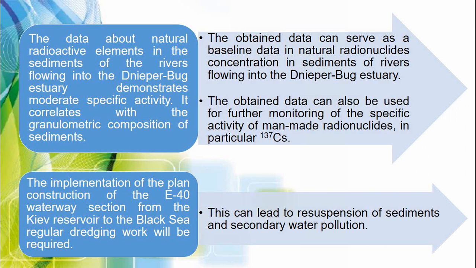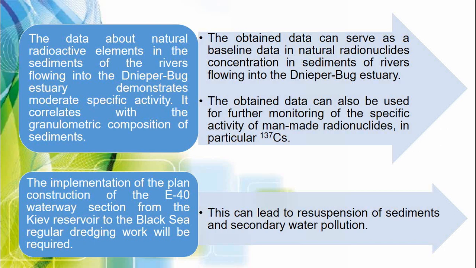The data obtained can serve as baseline data on natural radionuclide concentrations in sediments of these rivers. They can also be used for further monitoring of the specific activity of man-made radionuclides, in particular radiocesium. The presence of natural radioactive elements in river sediments is due to geological, hydrological, and chemical factors, whereas radiocesium has Chernobyl origin.